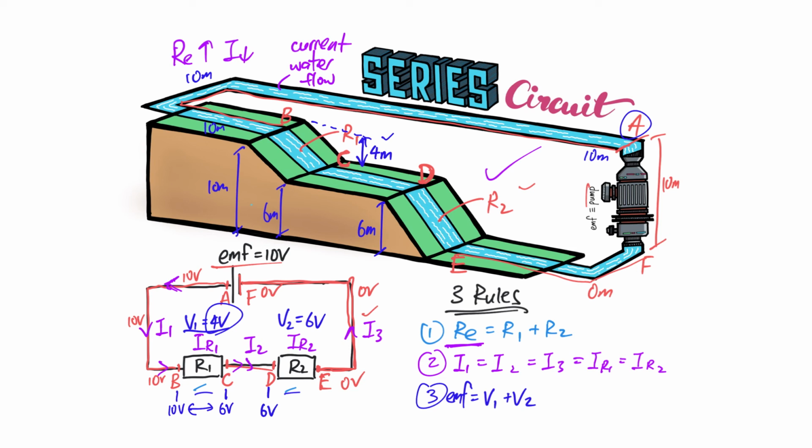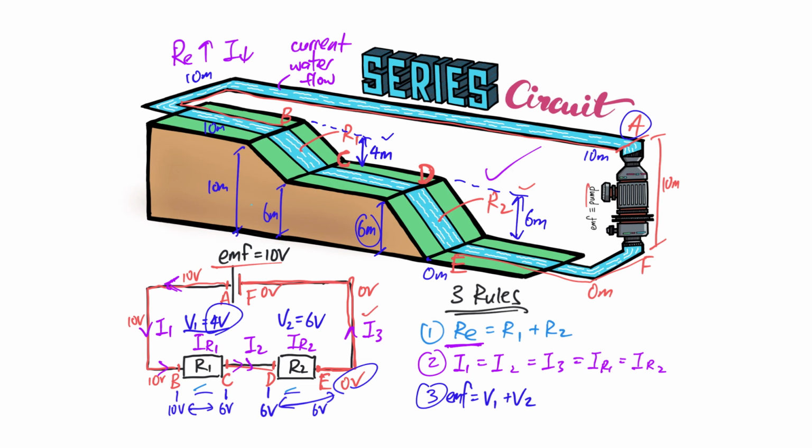And after passing through R2, it will be ground, 0 meters, 0 volt over here. That's why once again, there's a difference in the voltage. We call it potential difference of 6 volt or a height difference of 6 meters. So as you pass through R2, there's a height drop of 6 meters or 6 volt. So that's the real understanding of potential difference.